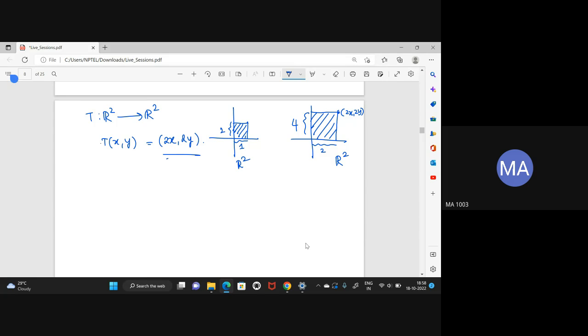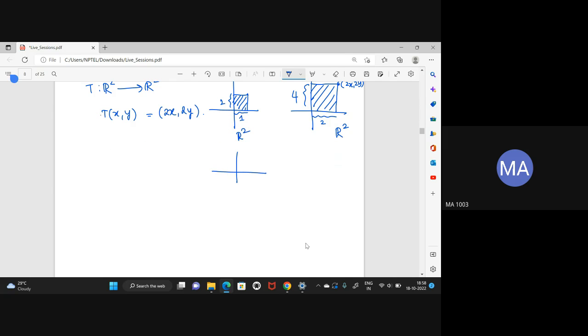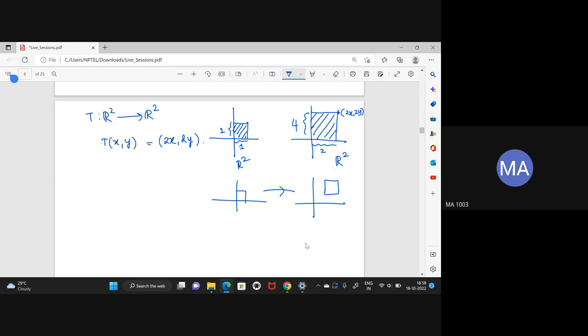And because it is a linear transformation, the shape is not going to move anywhere. From where it starts, it's either going to become big or small. The shape is not going to change and it's not going to get shifted elsewhere. But that's because the dimensions are the same, right? No, not because the dimensions are the same. Will a rectangle like this get shifted to a rectangle like this?